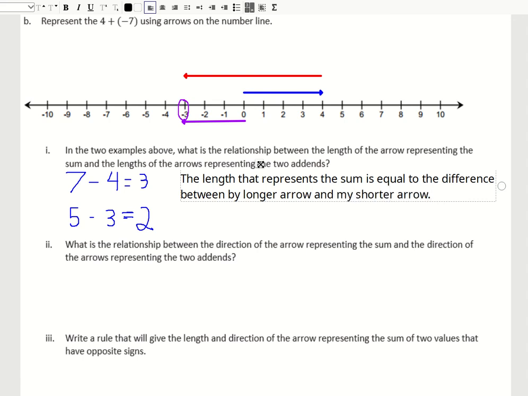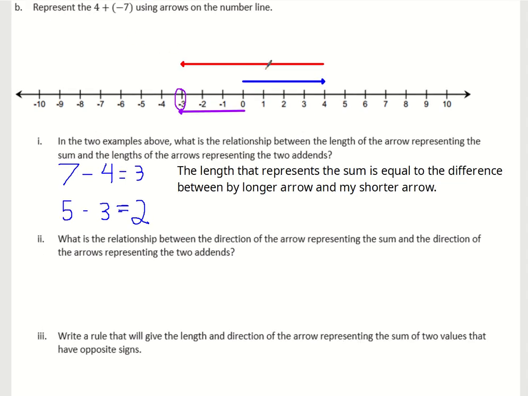And something to remember, that the lengths of these arrows, what are they determined by? The lengths of these arrows are determined by the absolute value of the number it's representing. This red arrow here is 7 long because the absolute value of -7 is 7.